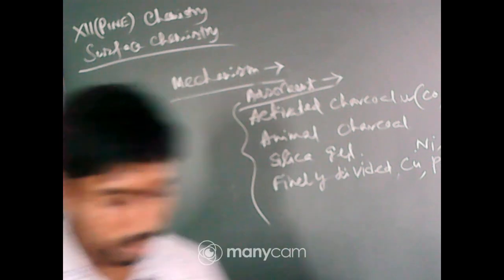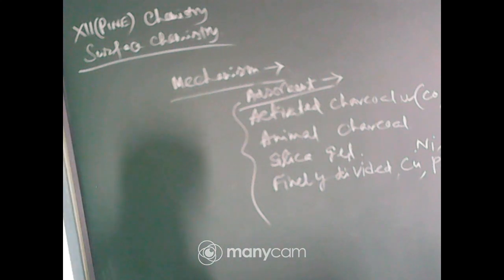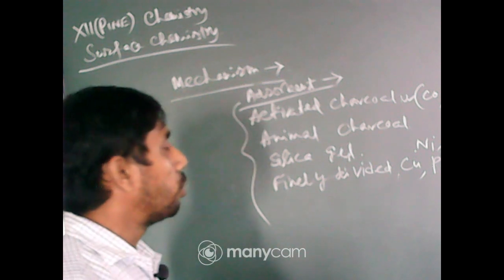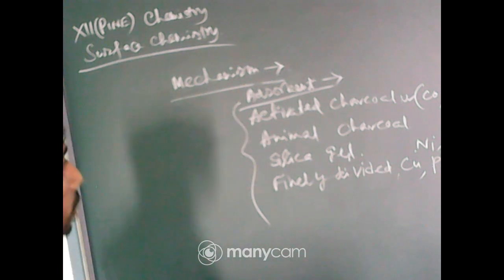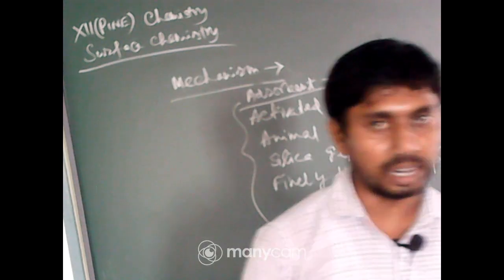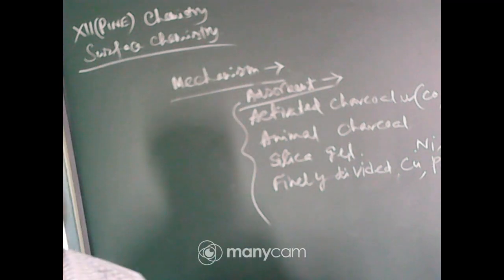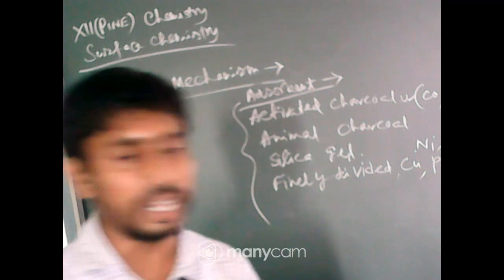For example, a concentrated solution of KCl taken with bone charcoal will produce positive adsorption, and when a dilute aqueous solution of KCl is taken with charcoal, it will produce negative adsorption.